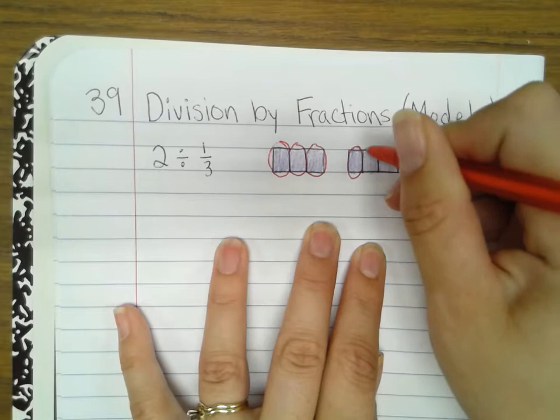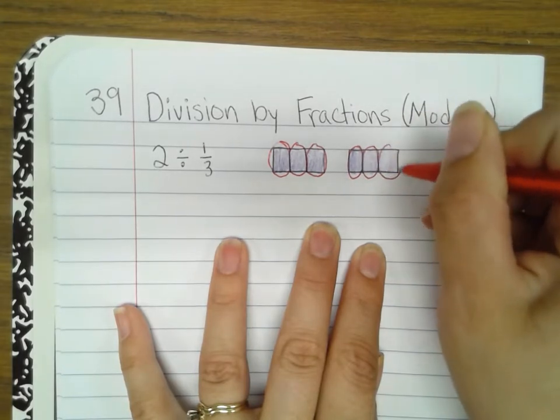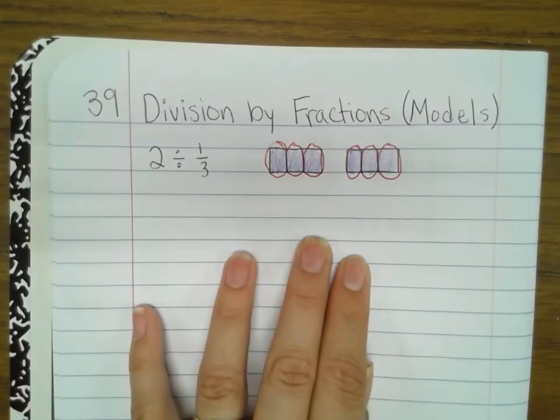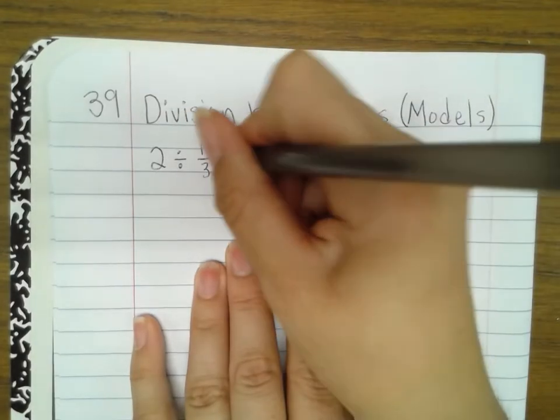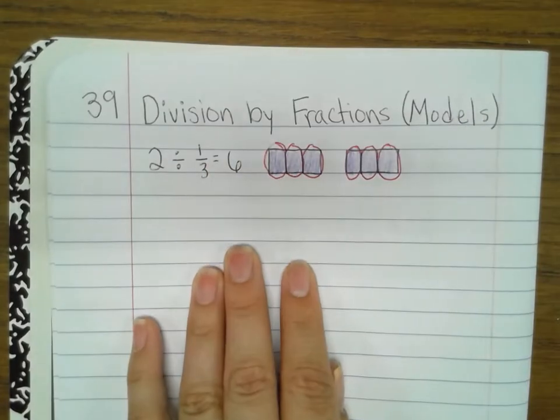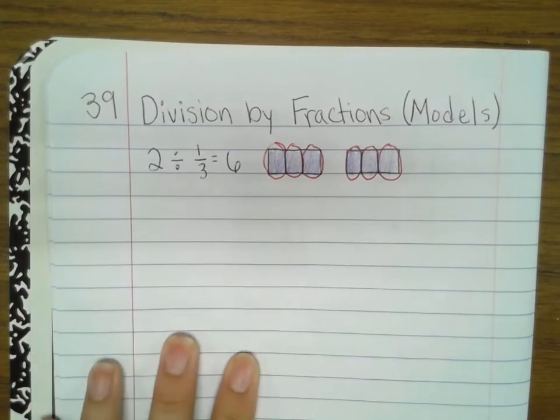There's one here, here, and here. So what do we have when we divide 2 whole units into groups of 1/3? We get 6 groups, and each group has 1/3 in it. Okay, skip a line. Let's try another one.